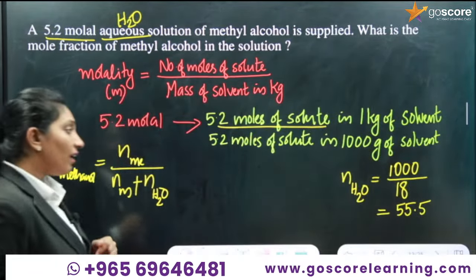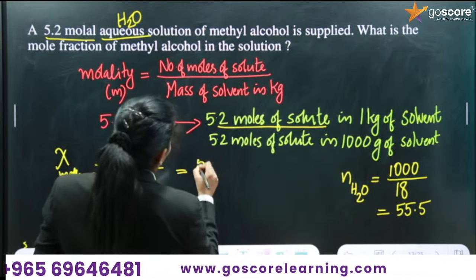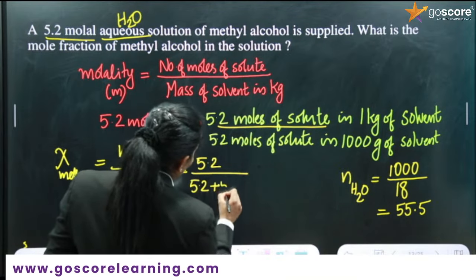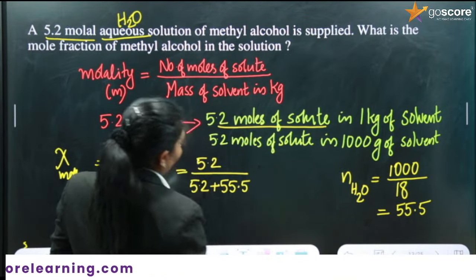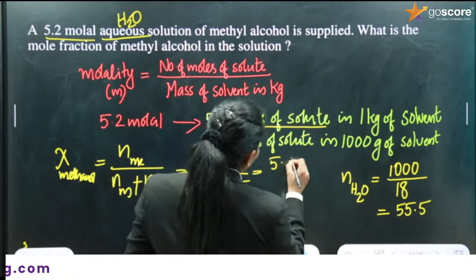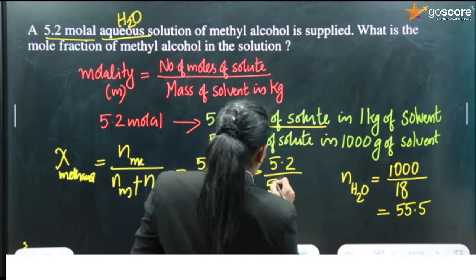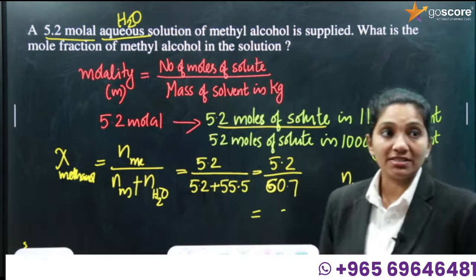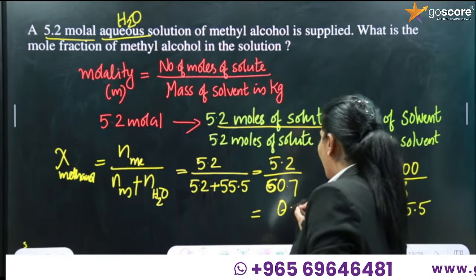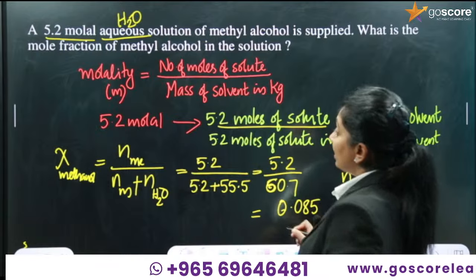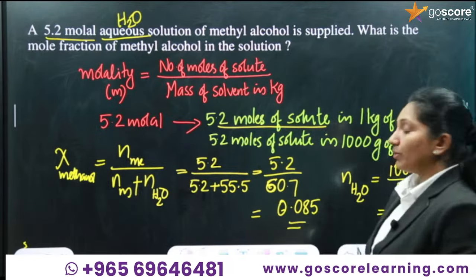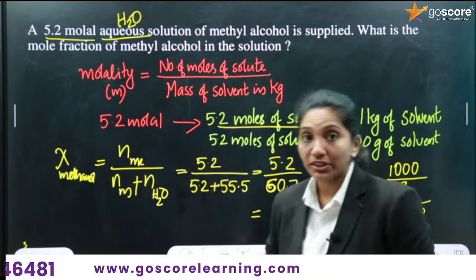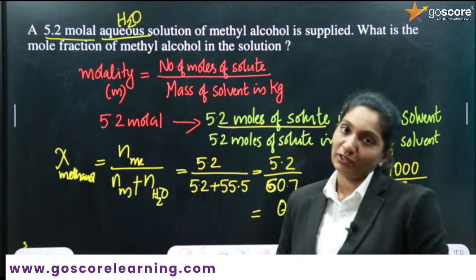Simply by substituting here, we get 5.2 divided by 5.2 plus 55.5, that means 5.2 divided by 60.7. By doing this calculation we will get 0.085. That much is the mole fraction of methanol in the 5.2 molar aqueous solution of methanol.